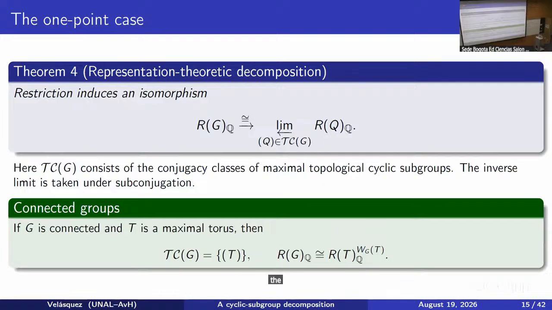The first part of our decomposition is the following. You can consider the representation ring with rational coefficients, tensor with Q. It is isomorphic to this inverse limit.